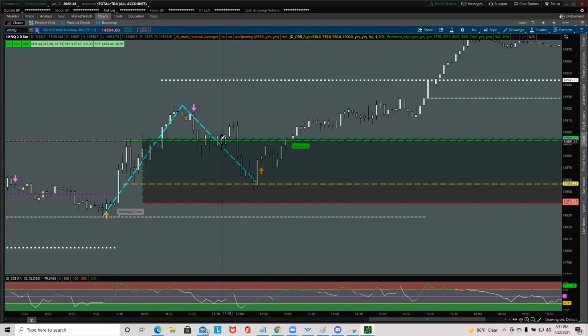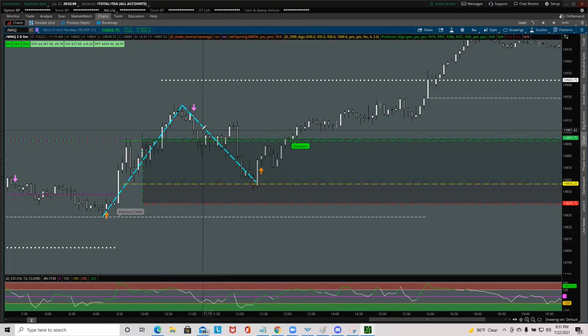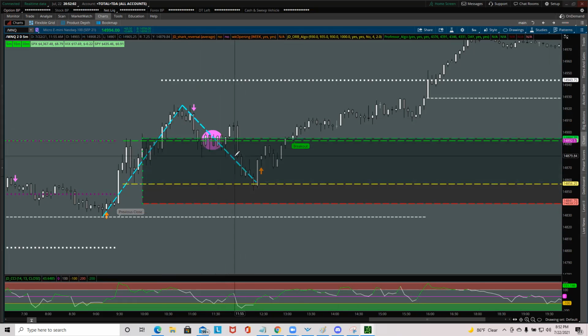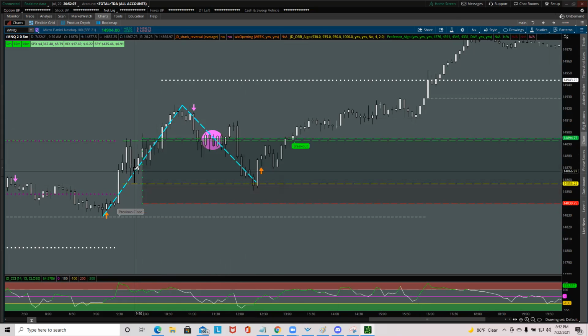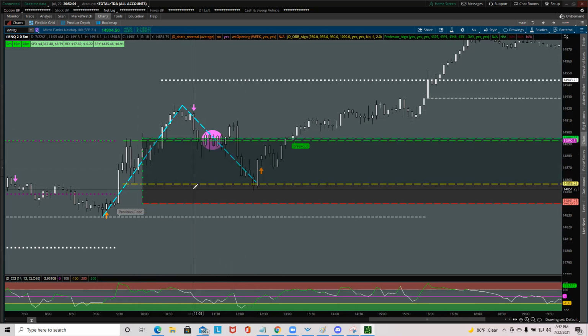Sometimes it will happen over here. If this orange arrow was here, your entry would have been here, and your stop would have been below the yellow line, which is this candle here. You put your stop below it.